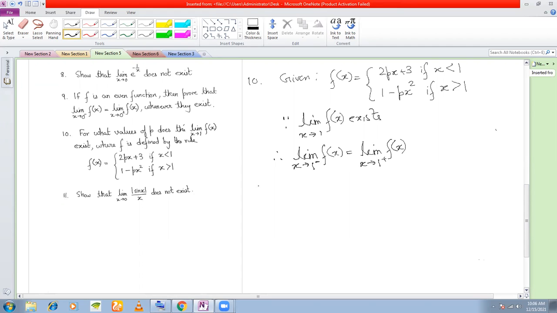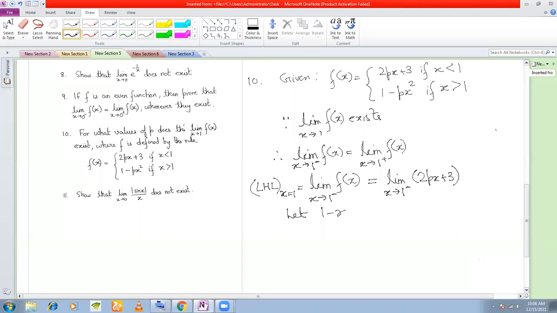Okay, now we shall find these two separately, equate, and then find out the value of p. Okay, so let's first find out the left hand limit at x is equal to 1, which is equal to the limit as x tends to 1 minus of f of x. Now for what values of f of x, you see x approaches 1 from values that are lesser than 1. So the value of the function for x less than 1 is 2px plus 3, right? And how do you evaluate the left hand limits?